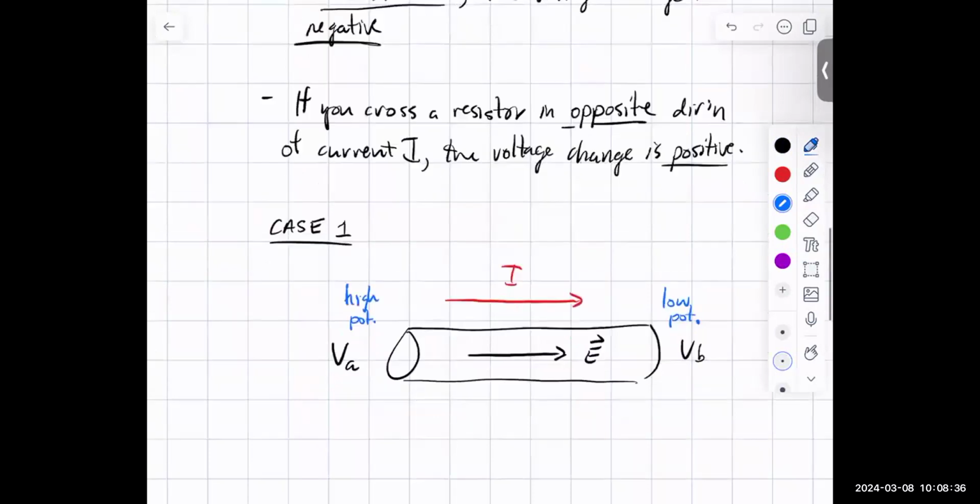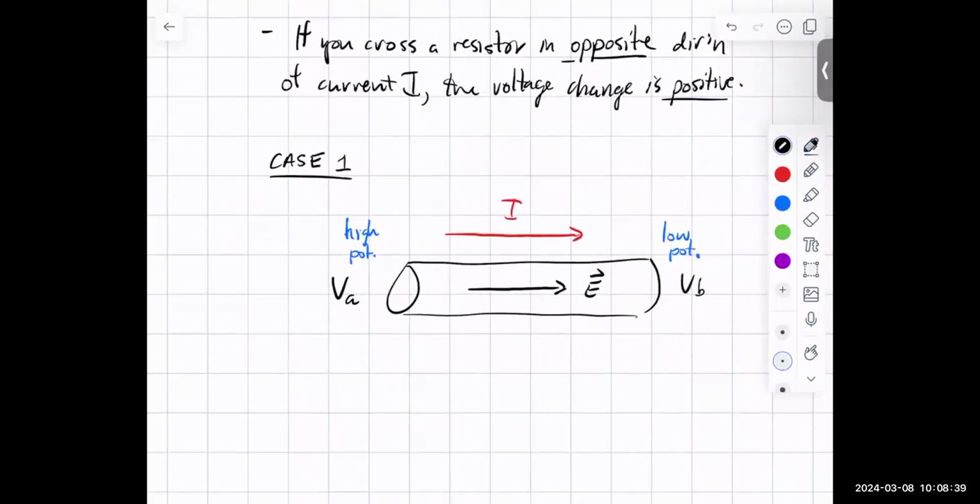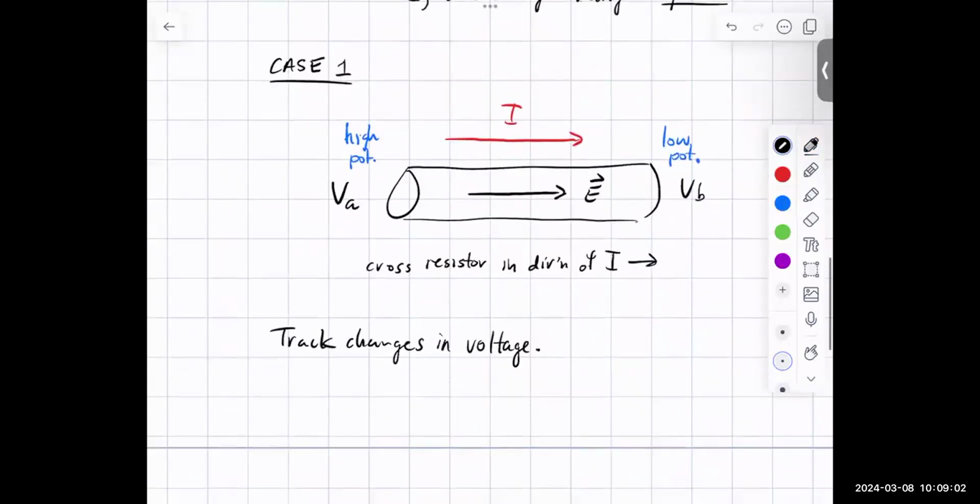Okay, then let's imagine that we now cross the resistor in the direction of the current I. What we're going to do is track the changes in voltage. If we start on the left-hand side, we have voltage VA, and then we cross our resistor, so that'll be whatever the voltage change across the resistor.